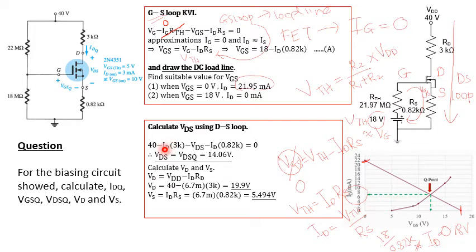So from here we know that VDD minus the current that flows across this resistor is the ID. Wait a minute, let me draw for you. This one is the ID. So ID times RD. Can you see? ID times RD.